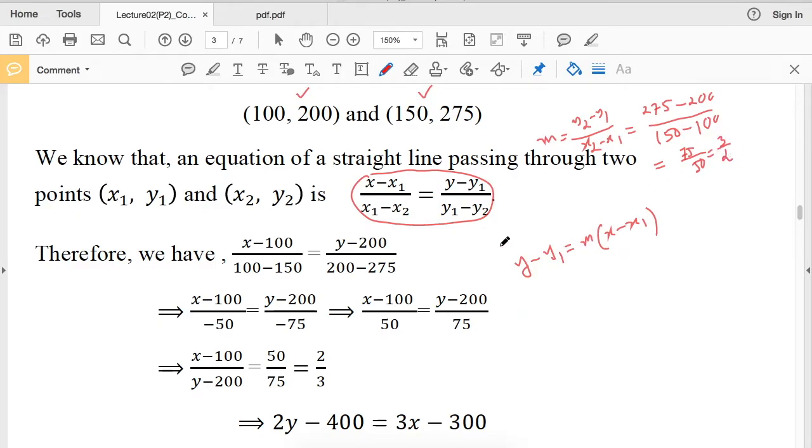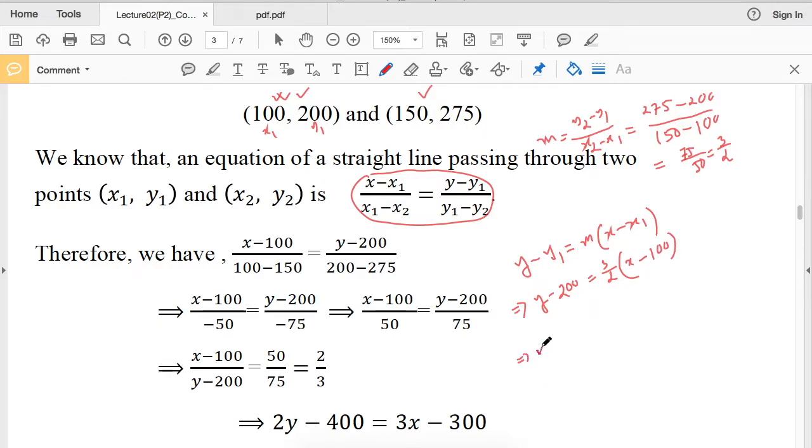So now let us use this one as x1, y1, and this is our m. So from this formula we can also calculate the linear relationship between x and y. That will be y minus y1, which is 200, is equal to 3 by 2 times x minus x1, which is 100.